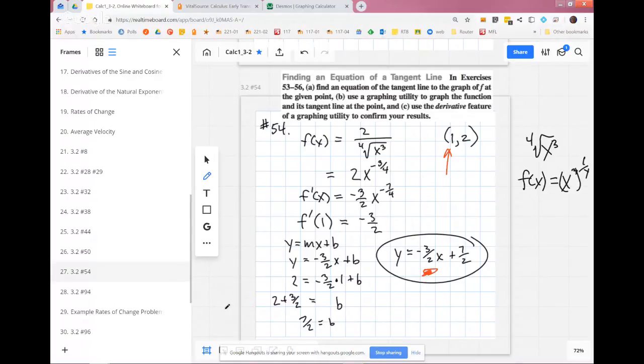And the rule for that is keep the base and multiply the exponents. So the 4th root of x cubed can be written like this. All I did is, because we're dividing by that, the exponent is negative.